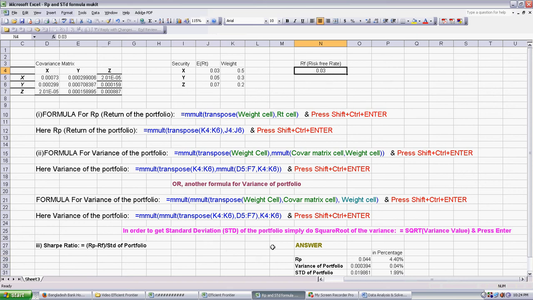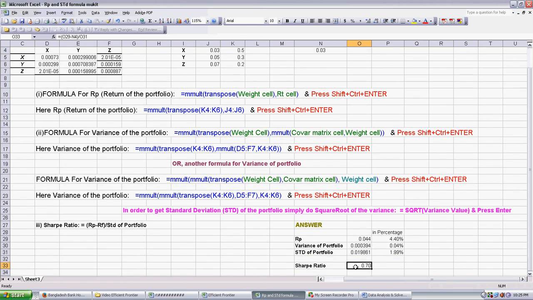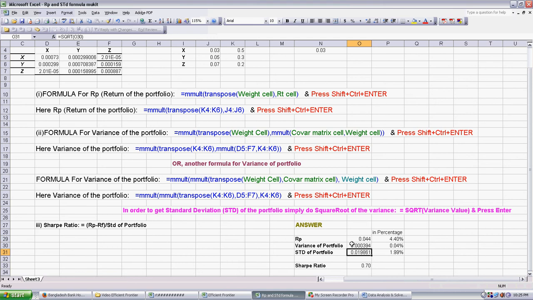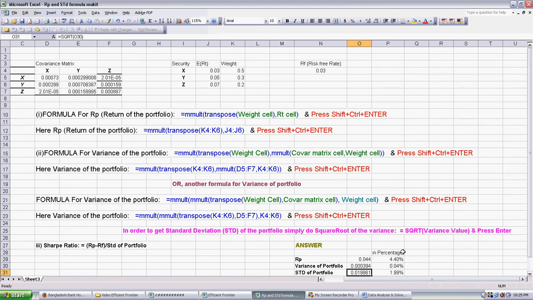So this is the Sharpe ratio: portfolio return minus risk-free rate divided by standard deviation of the portfolio. In this way we can find the return of the portfolio, variance of the portfolio, standard deviation of the portfolio, and the Sharpe ratio.